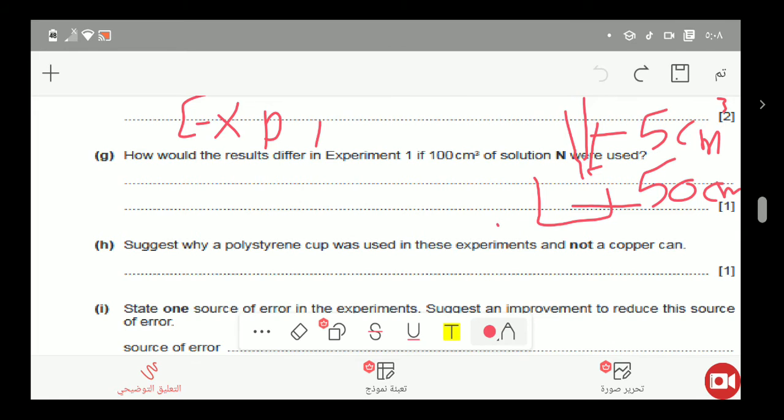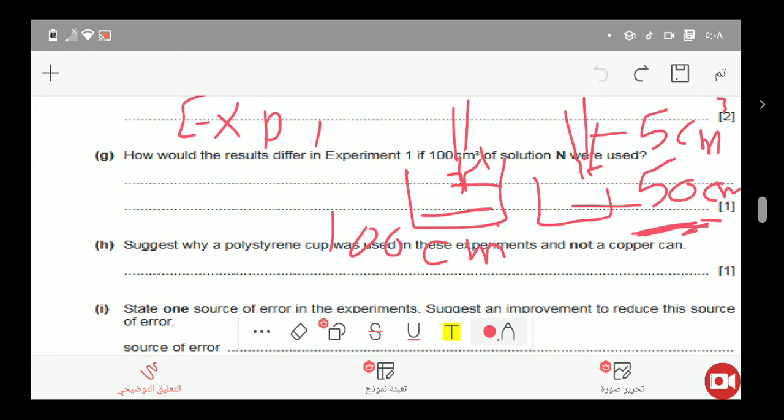Along the process, if we increase the amount of alkali to 100 centimeter cubed, with the same amount of acid added, so we add 5 centimeter cubed of acid. What is the difference between adding 5 centimeter cubed to 50 centimeter cubed of alkali, and adding 5 centimeter cubed of acid to a greater amount of alkali, which is 100 centimeter cubed?